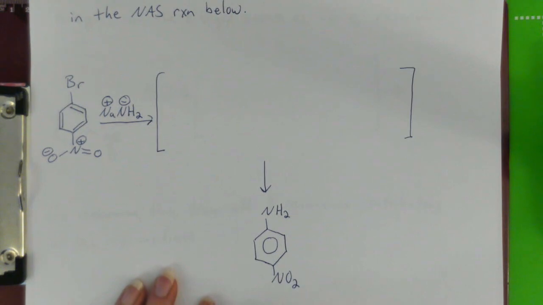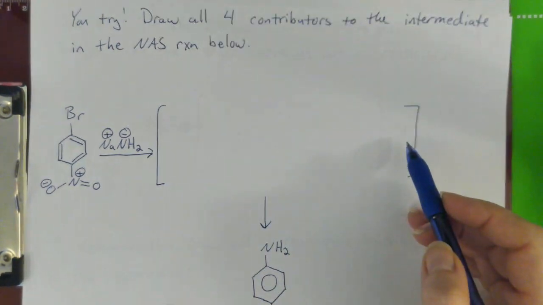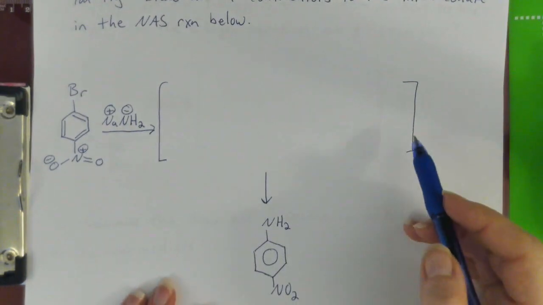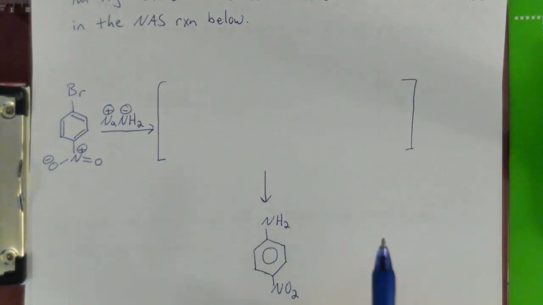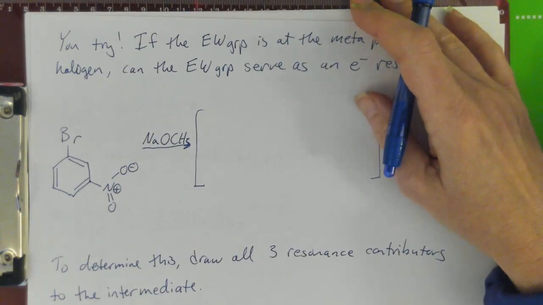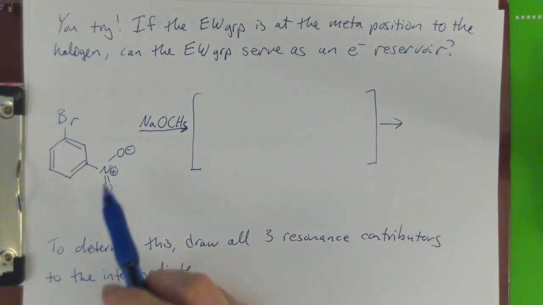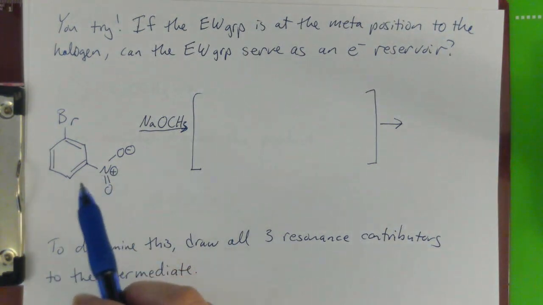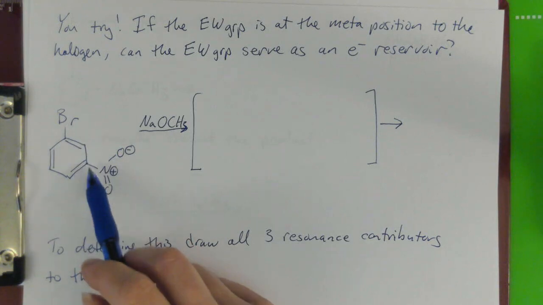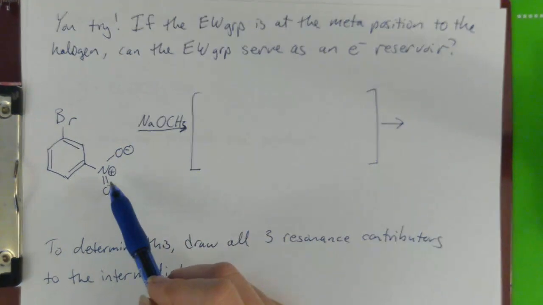I want you to go ahead and draw the resonance contributors for the benzyne intermediate for this reaction. So you do that, and then challenge yourself to demonstrate why we can't have this reaction happen if the electron dumping ground is at the meta position, because it essentially won't be able to serve as an electron dumping ground or electron reservoir.